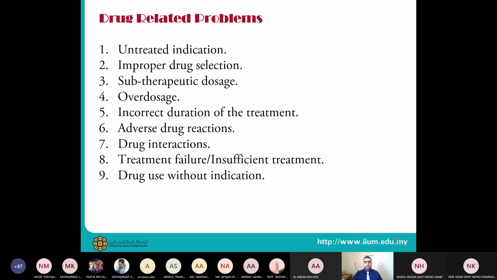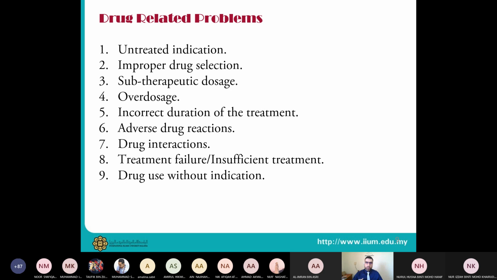The next one: we ask whether the medication is really indicated, there is no contraindication, meaning the medication selection is appropriate, and the dose is also correct. Now, was the duration of the treatment correct? For example, in acute conditions, especially infections, you have to give the medication for 7 days, 10 days, whatever.